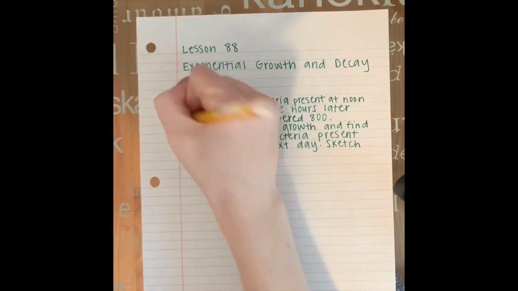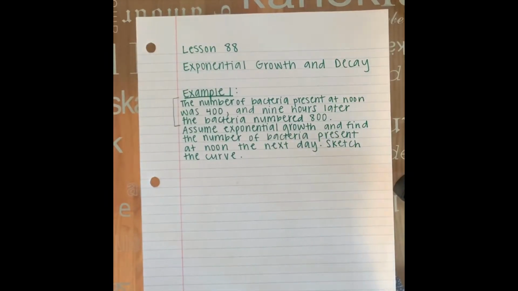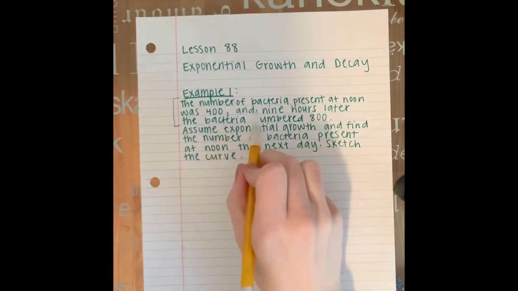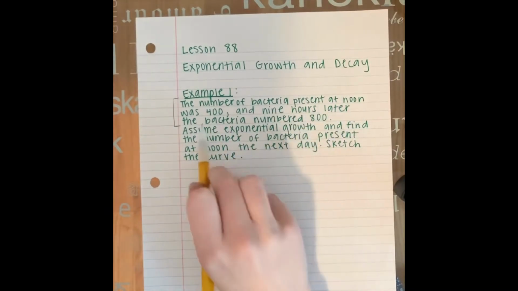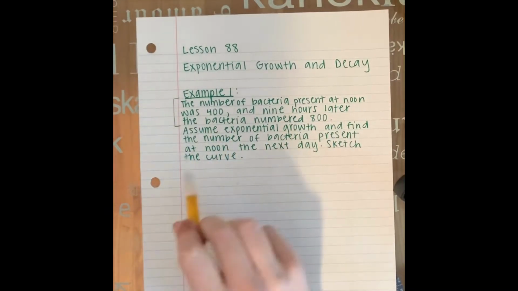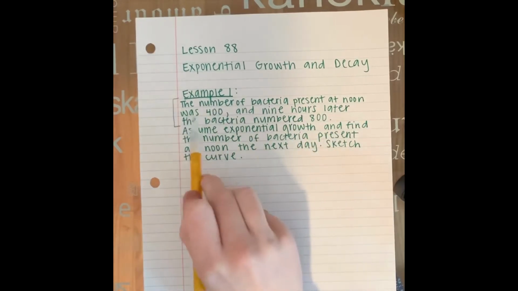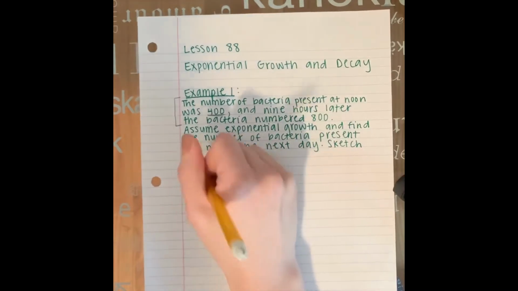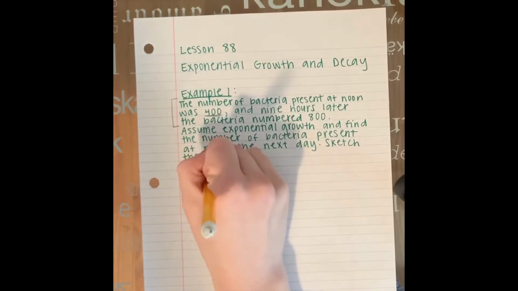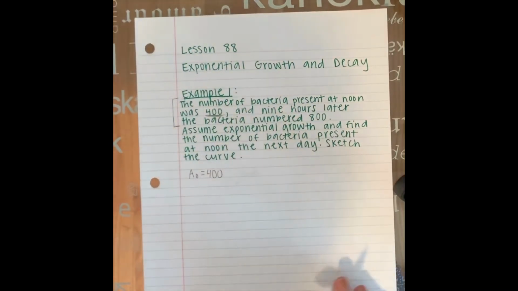So this part right here has all of your important information in it. It says, the number of bacteria present at noon was 400. 9 hours later, the bacteria numbered 800. So we're assuming that this right here, the number of bacteria present at noon, is your original amount, 400. So we know A sub 0 is going to be 400.